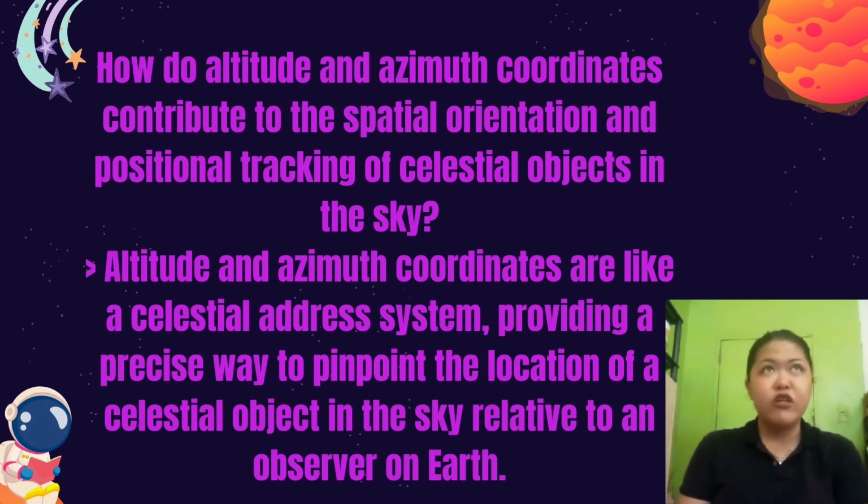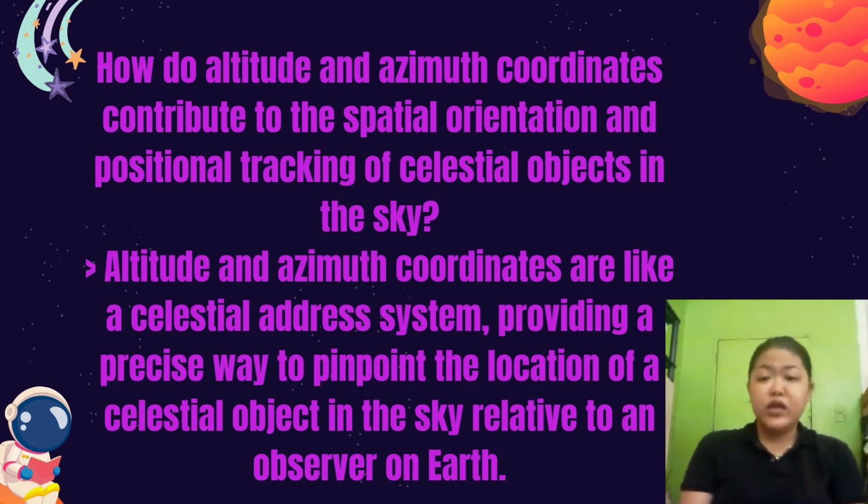So kani sa spatial orientation, ang altitude mag-ingon kung unsa kataas ang isa ka object nga naa sa sky, then ang azimuth mag-ingon siya kung asa siya nga direction or asa siya nga position.